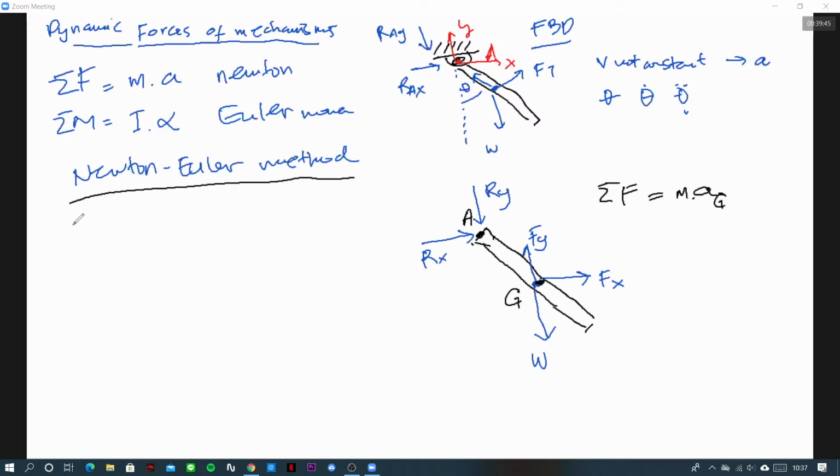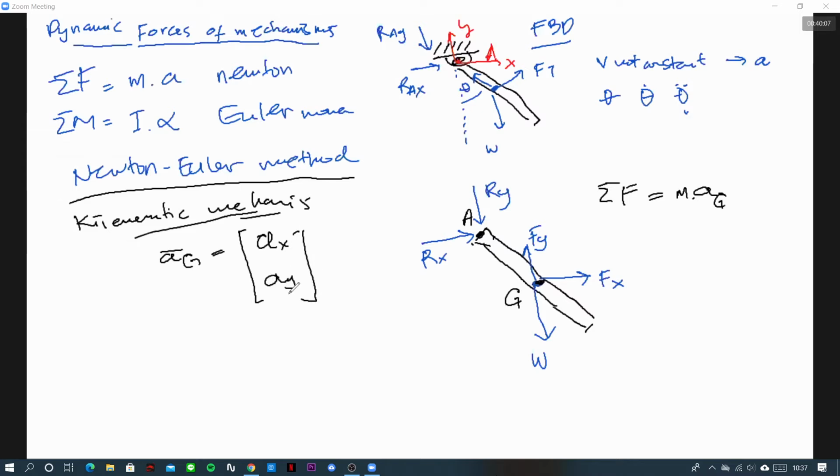If you remember the kinematics of mechanisms, you should find the accelerations. Let's say we find the acceleration of G like this, in the form of x and y, so here ax and ay. Okay, and then now you can put it here immediately.